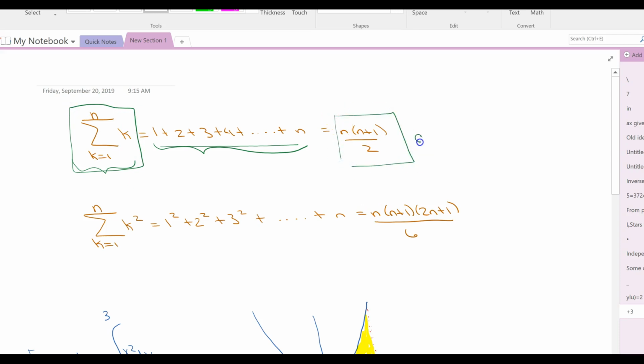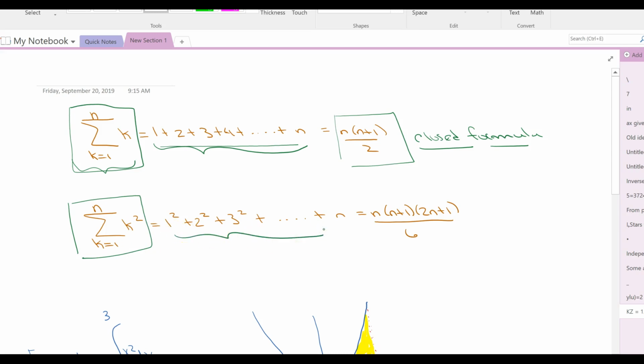Some people like to call them formulas that give you the sum, right? The two sums that I want to show you that have closed formulas associated with them are the summation from k equals 1 to n of k and the summation from k equals 1 to n of k squared, okay? And here is the open form of that sum.